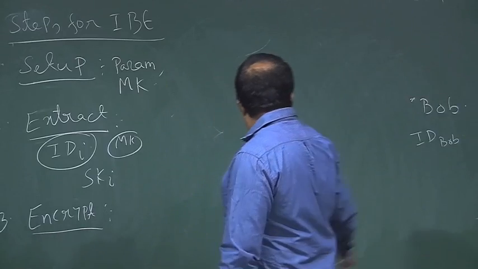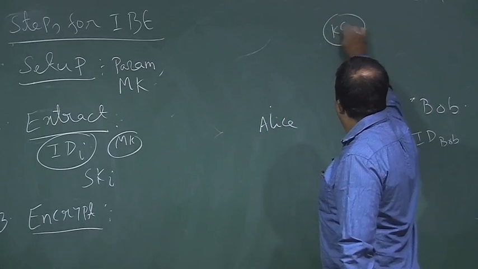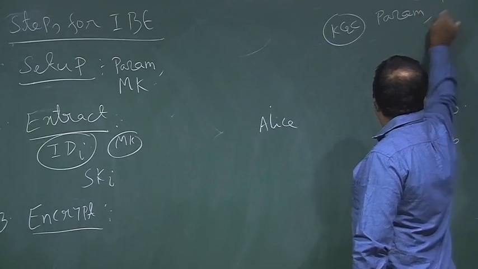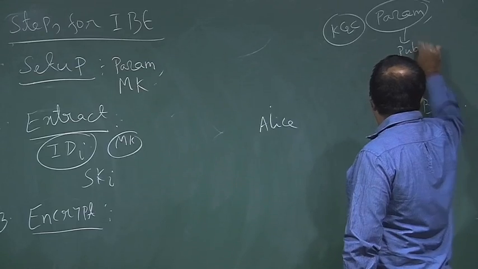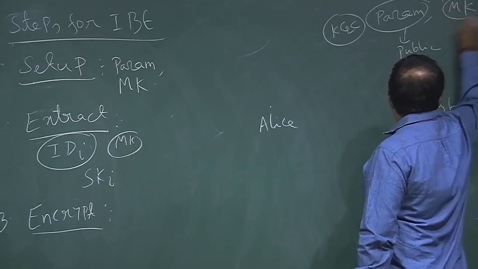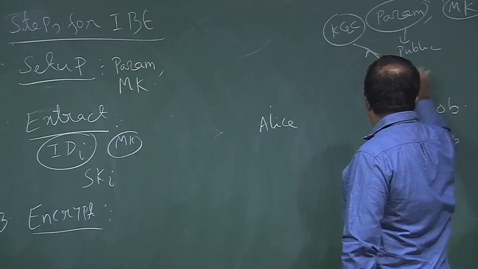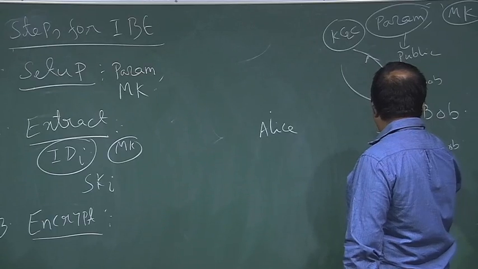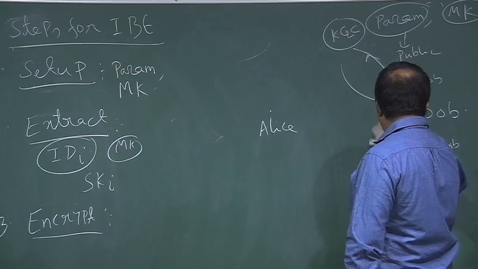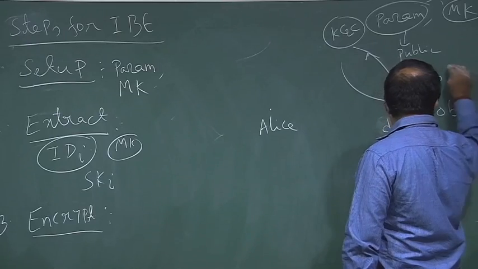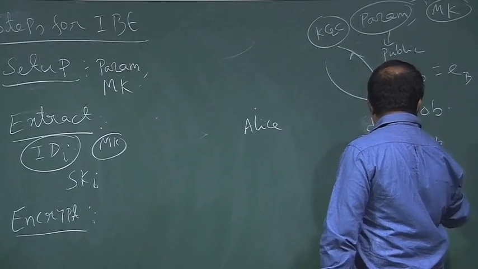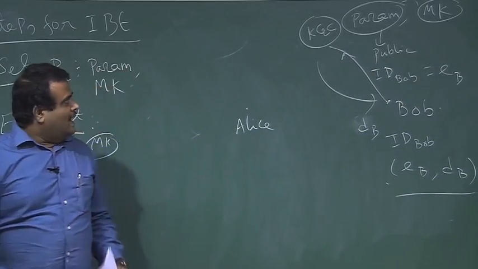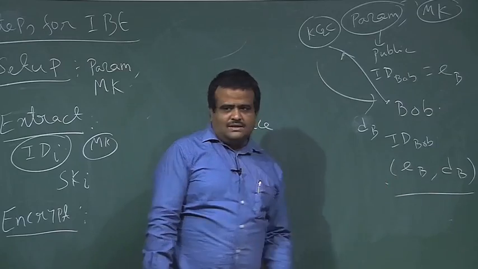So this is the key generation center, which at the setup phase chooses params, which is public, and a master key, which is secret. Bob sends his ID and gets back EB, DB.